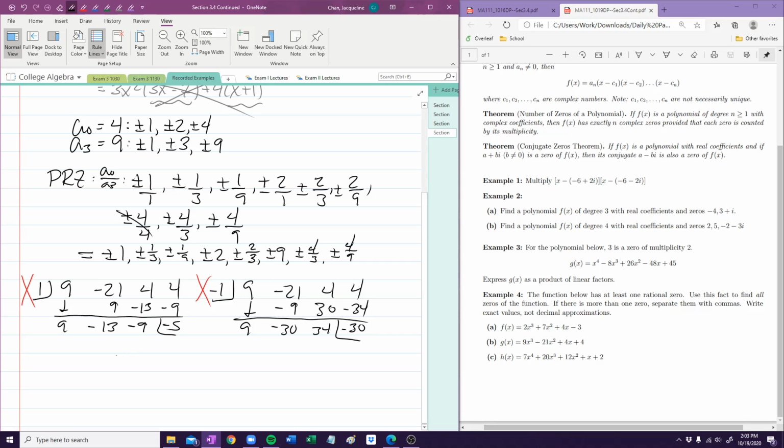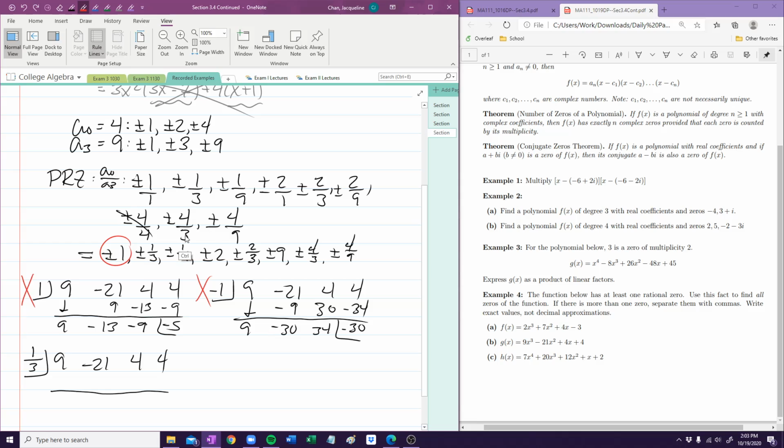So let's try another one. I'm going to try 1/3. So 9, negative 21, 4, and 4. I just want to let you guys know, you don't necessarily have to go in order. You could do plus or minus 1, then plus or minus 2.